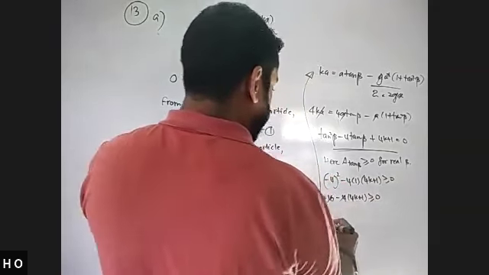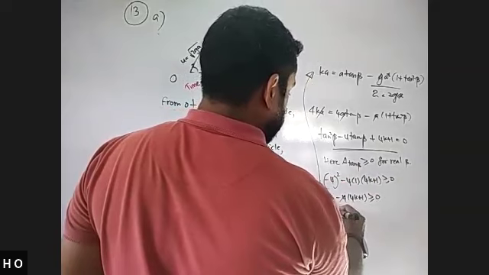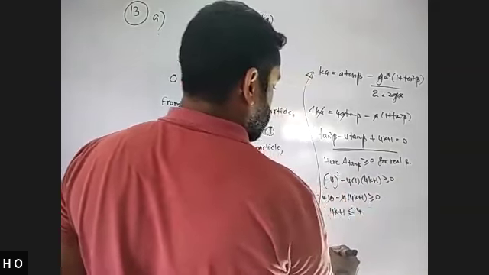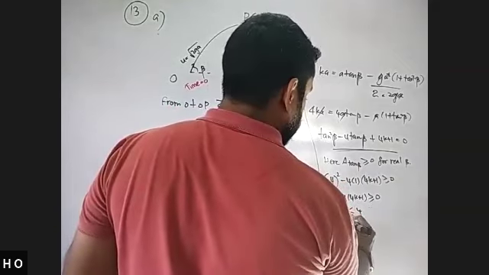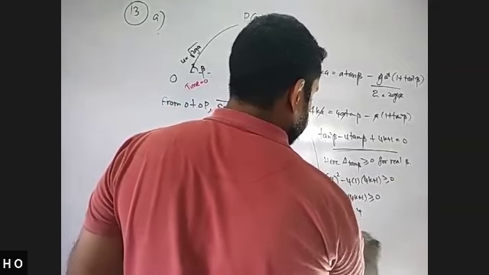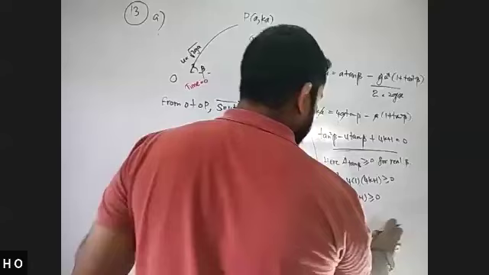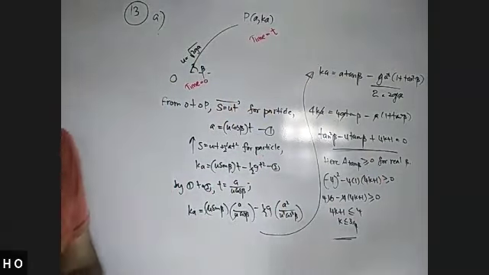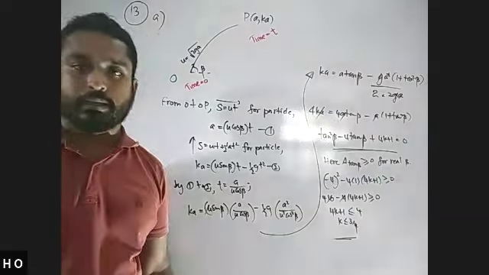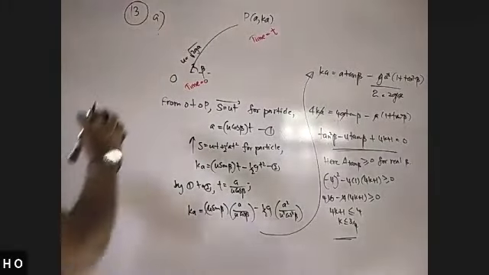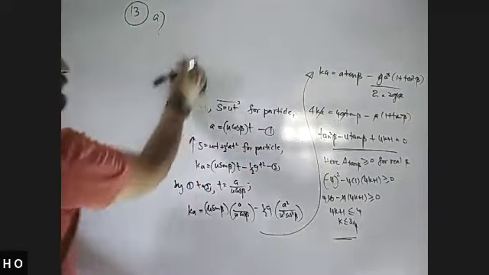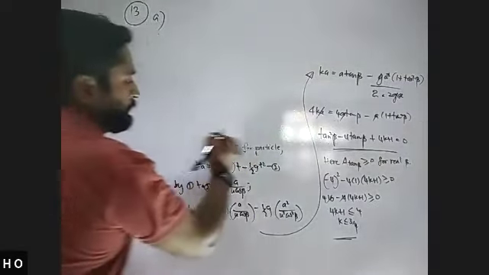Divided by 4, 4k plus 1 is less than or equal to 4. Here k is less than or equal to 3 by 4. Right. Now the next part, I'll leave this part since I completed it. Right.